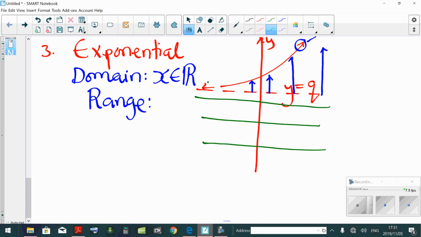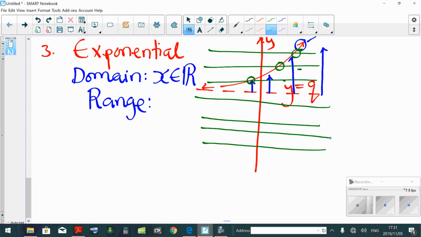However, as soon as I pass the asymptote, I'm going to encounter our graph. Every time I draw a horizontal line, I'm going to encounter my graph. So every time I encounter my graph, it means the graph exists for those values of y. However, when I do not encounter my graph, it means it does not exist. It's not defined at those points.